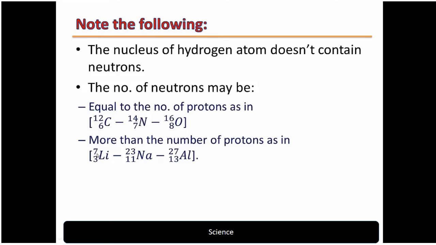The number of neutrons is 7 minus 3 equals 4, which is more than 3. The number of protons in sodium is 11, and the number of neutrons is 23 minus 11 equals 12. The number of protons in aluminum is 13. The number of neutrons is 27 minus 13 equals 14.